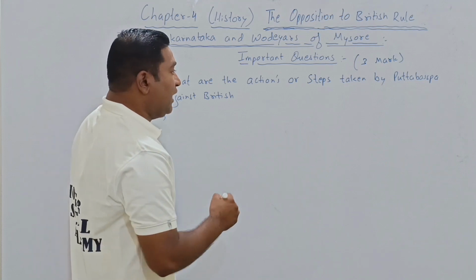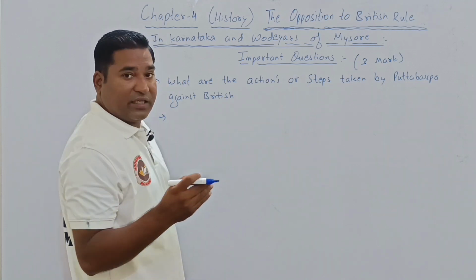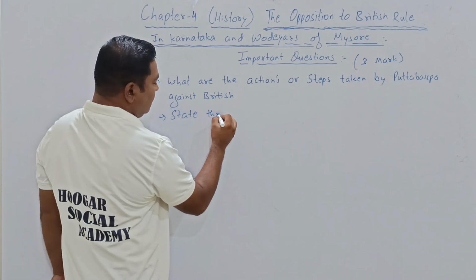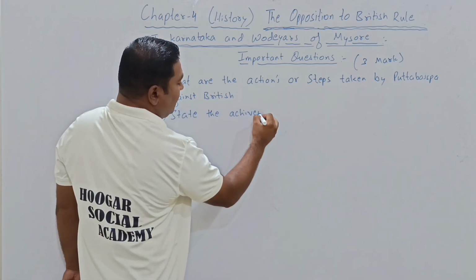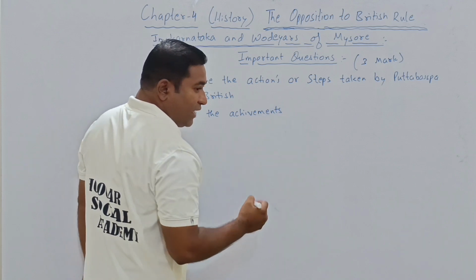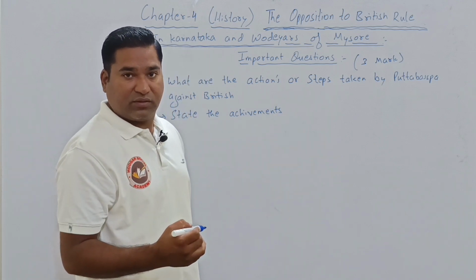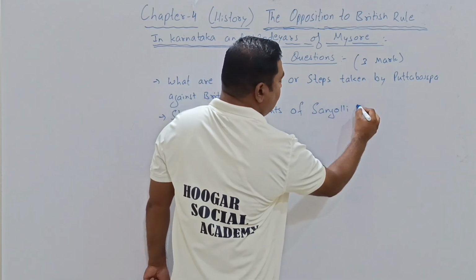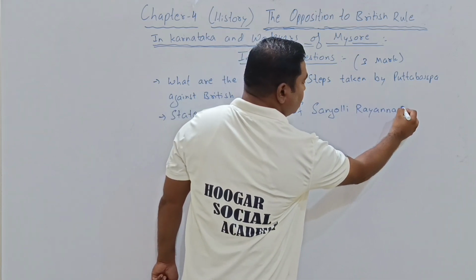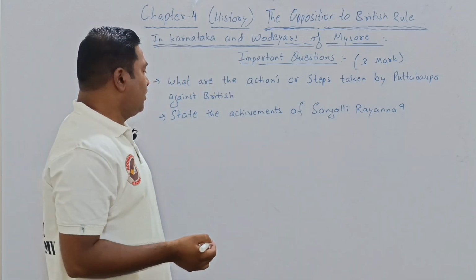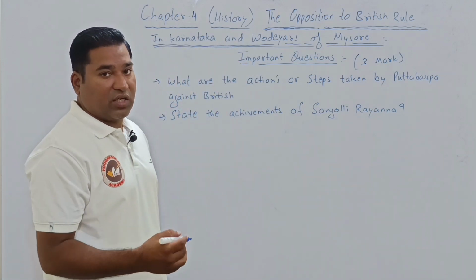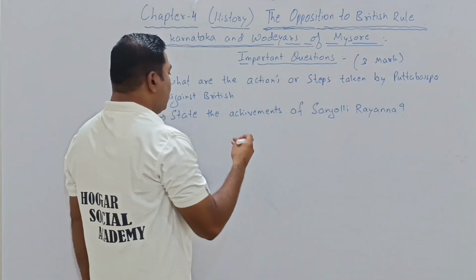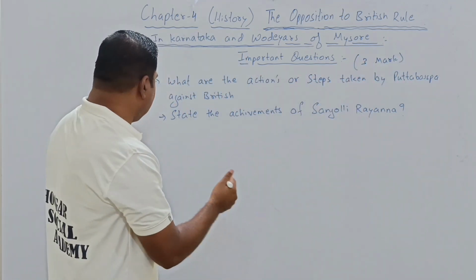Very next, state the achievements of Sangoli Rayanna. These are 3 marks questions. State the achievements of Sangoli Rayanna, or what are the actions or steps taken by Puttanna against the British.